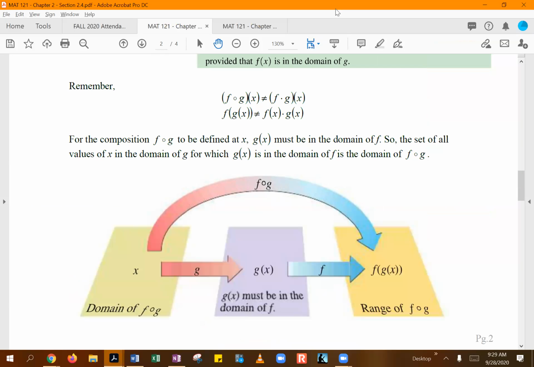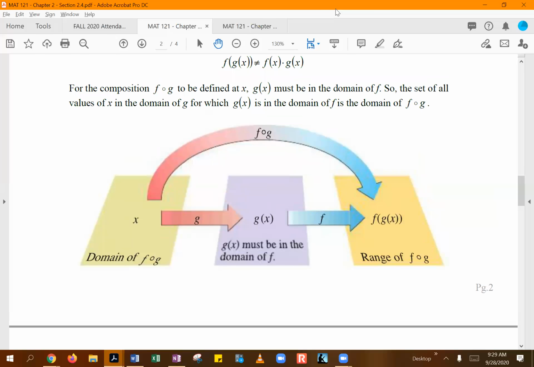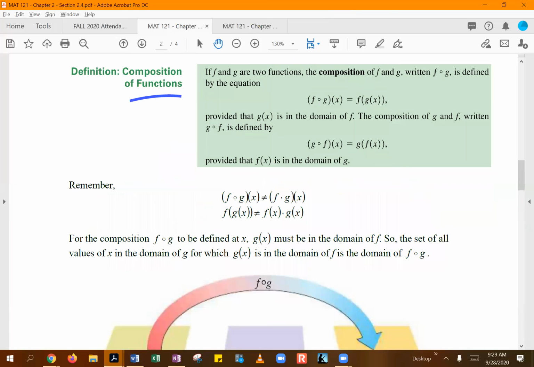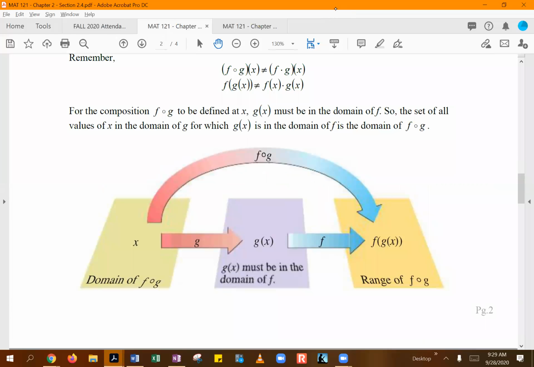So basically, if you have a composition which looks like f of g, which is this guy over here, you can see the definition here, but this is the notation that we use. You have this little open circle. It does not look like multiplication. It's this little open circle you have.